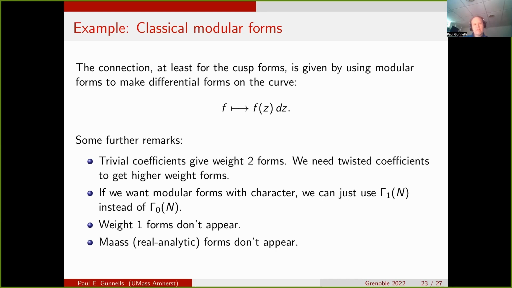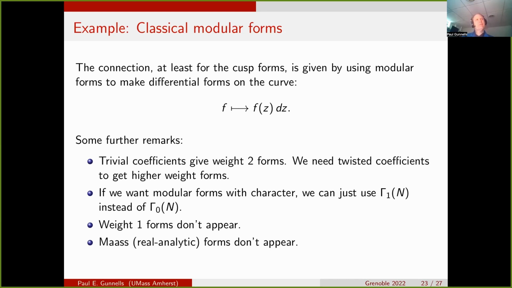And the last two things are pointing out the fact that not every modular form is going to show up. The weight 1 holomorphic forms do not appear in cohomology, and the Maass forms, the real analytic forms, don't appear. It doesn't mean that you can't use cohomology to study these.